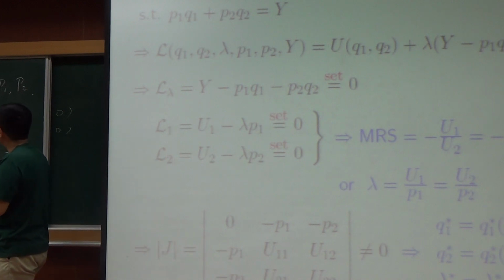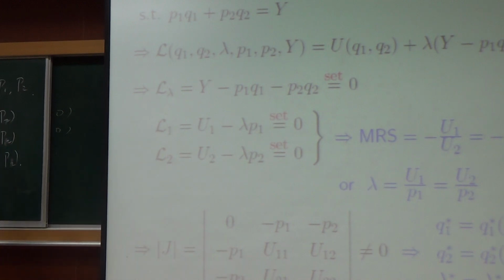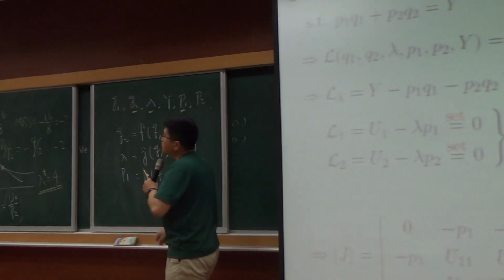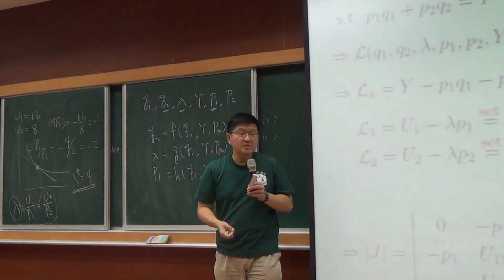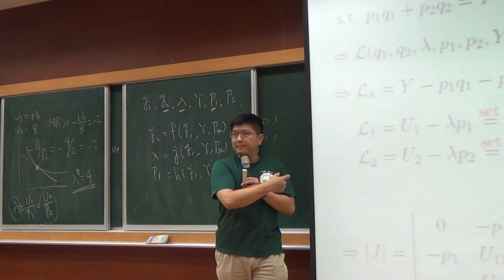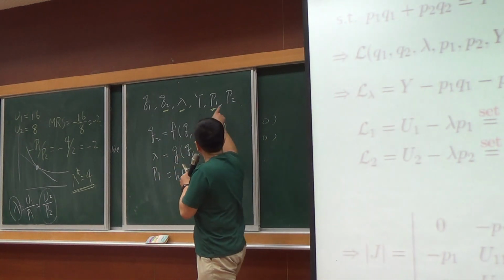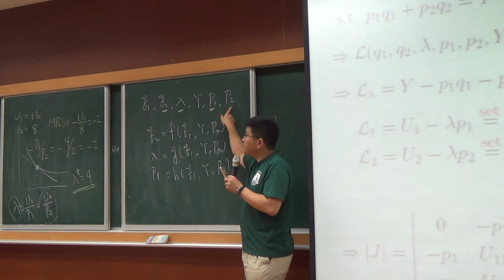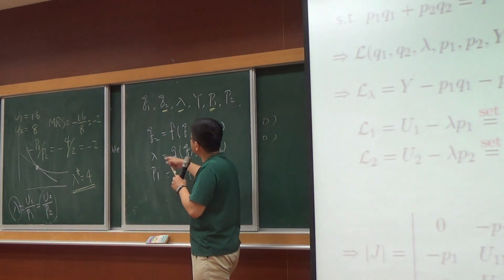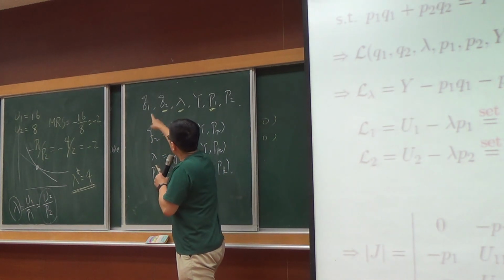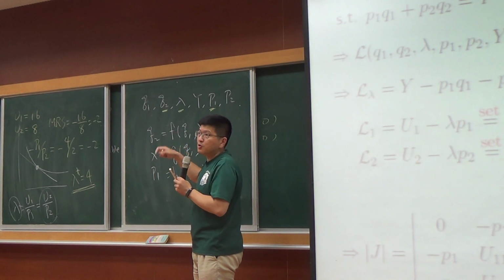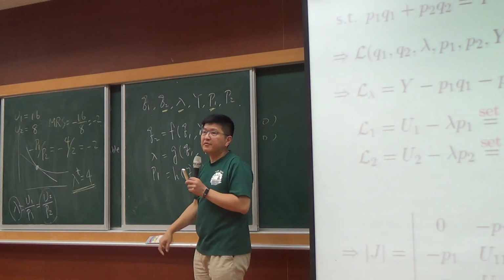Once again, you may choose this, this, and this to be expressed as functions of the other 3 variables. Or you may change to Q1, Q2, P1 to be functions of the other 3 variables.